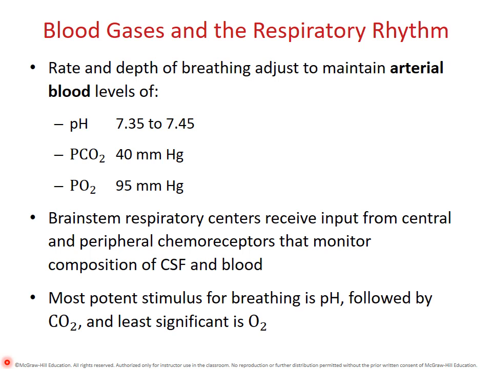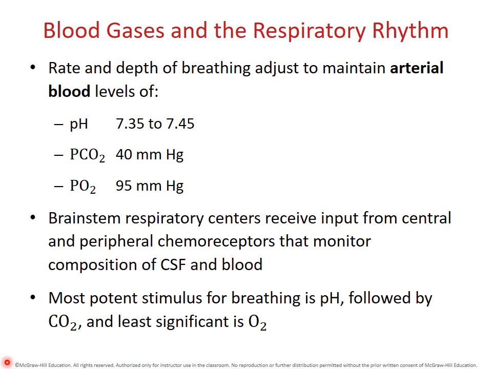Recall also that the kidneys will become involved in the regulation of pH as well, but for minute-to-minute short-term adjustments, we can adjust our ventilation rates to try to maintain homeostatic levels of pH, carbon dioxide, and oxygen.